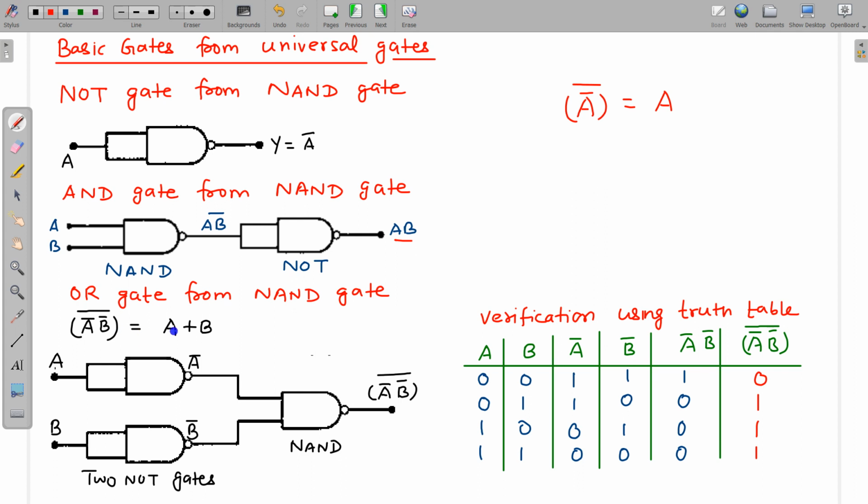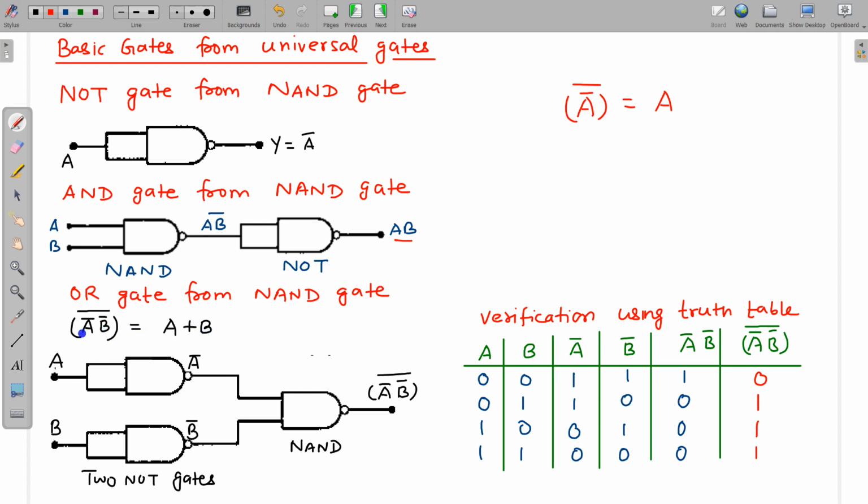So to make OR gate, we will use this operation, and if we are able to make this kind of system, then this system is equal to A plus B.